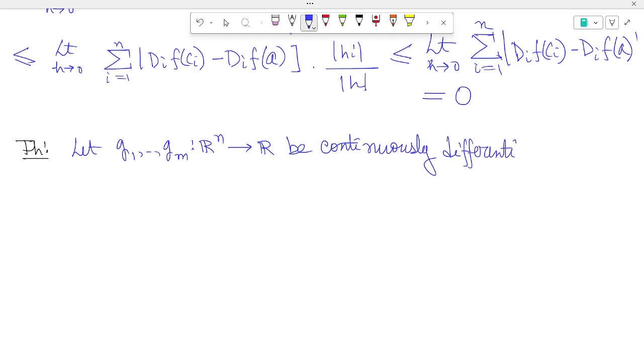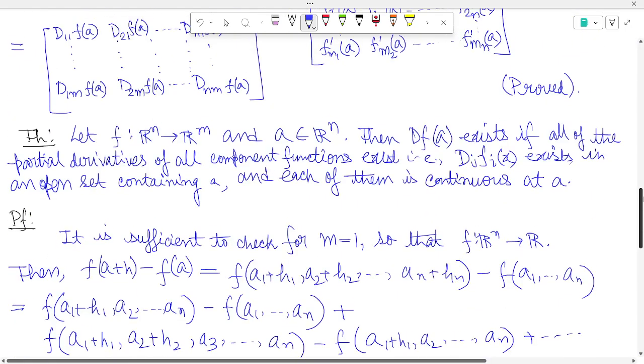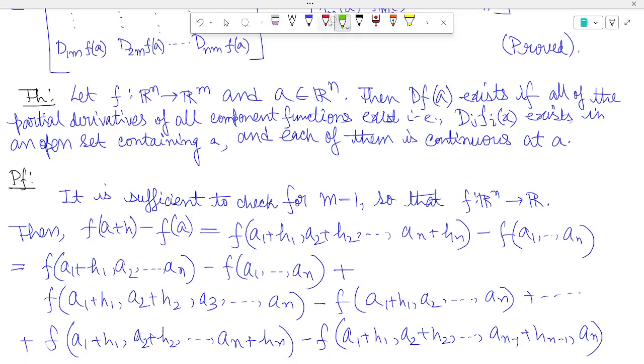So what is a continuously differentiable function? It is this thing: if the partial derivatives, so I need to write it here.